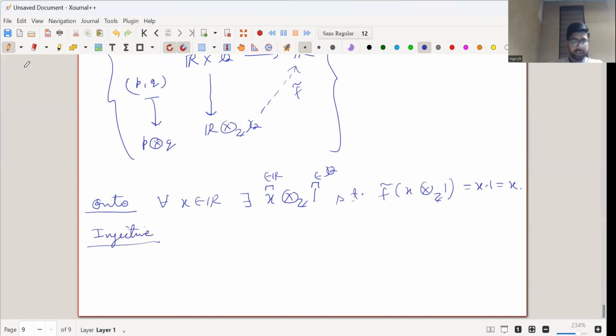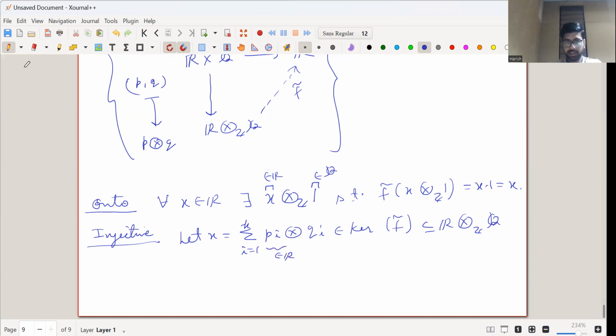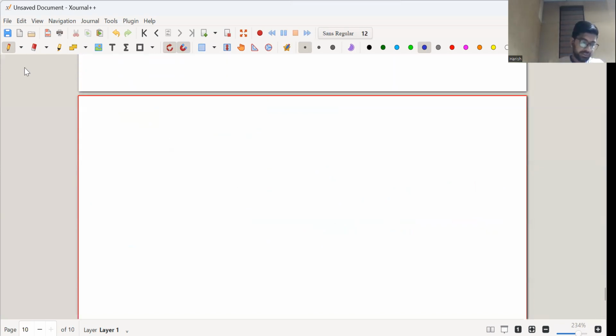And injectivity needs a little bit of work in the same way that we did last time. So let x equal to summation of pi tensor qi, i equal to 1 to k, belong to the kernel of f delta, and the kernel of f delta was inside R tensor Q. So these pi are inside R and these qi are inside Q. We will make use of this qi in the same way that we did in the last example.